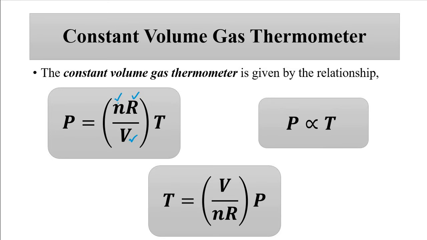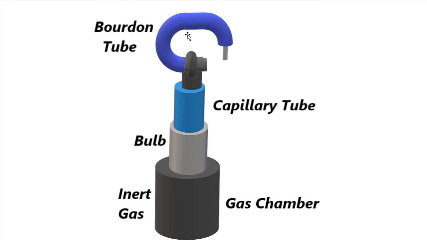As a result, the pressure measured by the Bourdon tube is directly proportional to the surrounding temperature. It is kept in contact, or we have a valve or something placed in contact with the temperature conducting material.